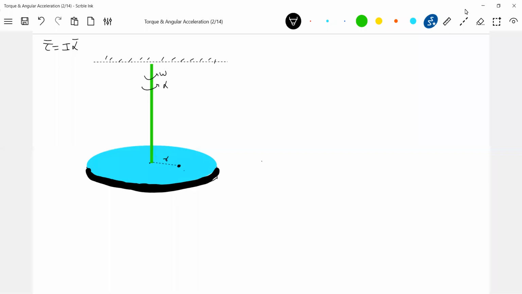This particle will have mass dm and tangential velocity v, which we write as r omega. It will also experience a tangential acceleration, so the force is dm into at.